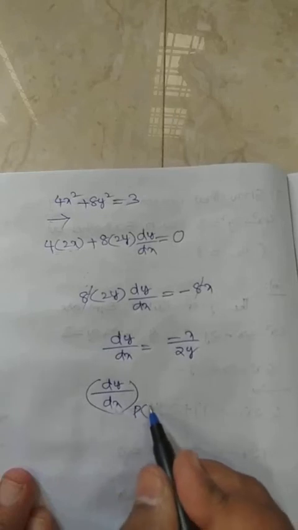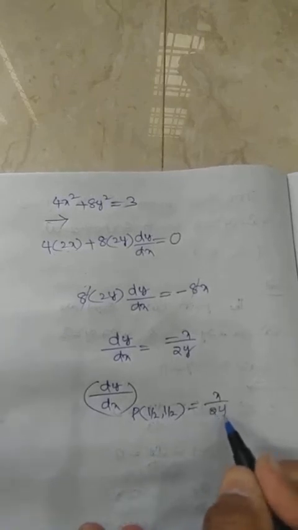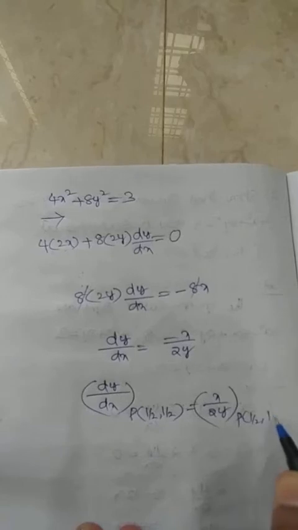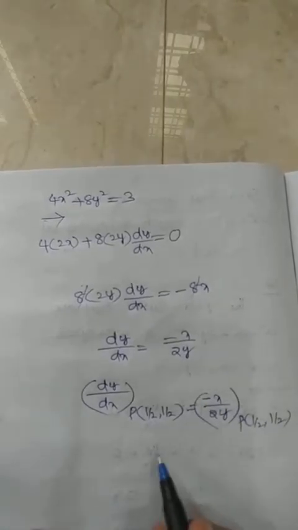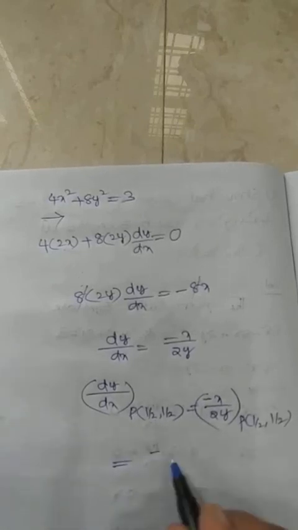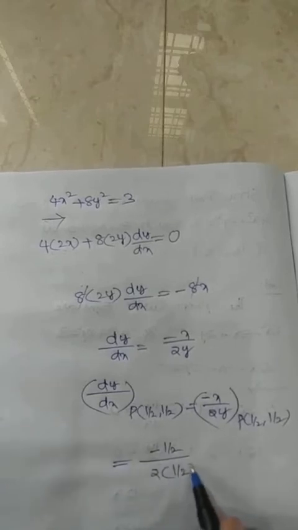Now dy by dx for this curve at the point P of 1 by 2 comma 1 by 2 is minus x by 2y at the point P. So now I am substituting the values. Minus, in place of x, 1 by 2, by 2 into, in place of y, 1 by 2.